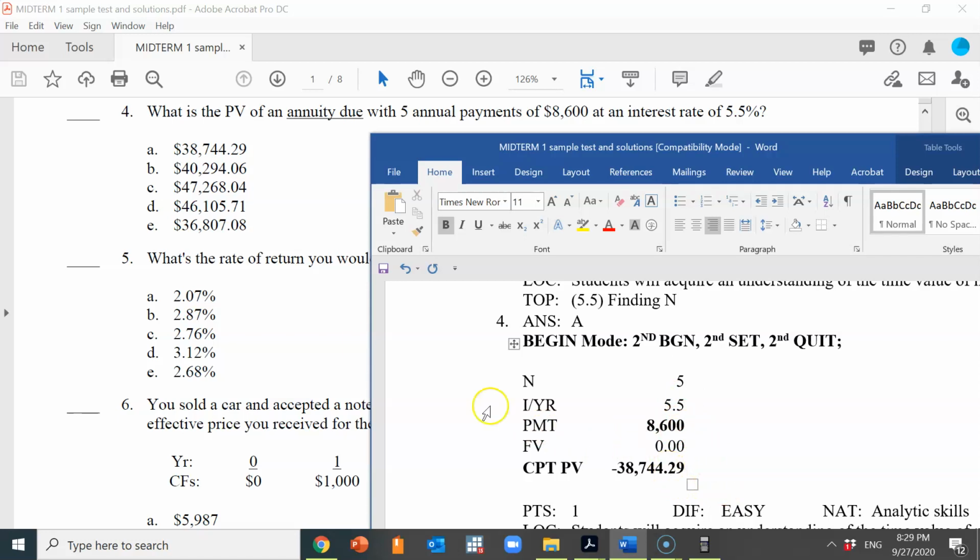So we choose option A. This is the present value we need to pay if we want to receive 8,600 for 5 years. Let me show you on the financial calculator.